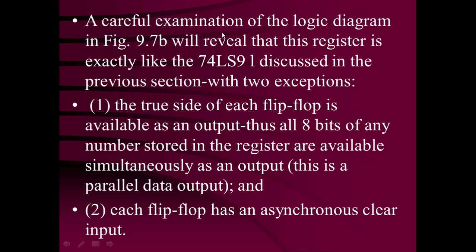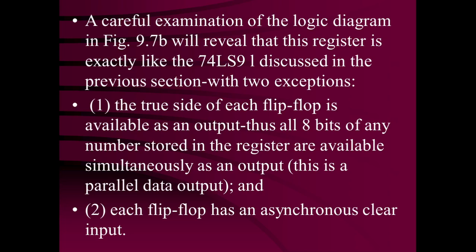A careful examination of the logic diagram in figure 9.7b will reveal that this register is exactly like the 74LS91 discussed in the previous section, with two exceptions. So the block diagram of the IC as well as the logic diagram of this circuit is given here in figure 9.7b.